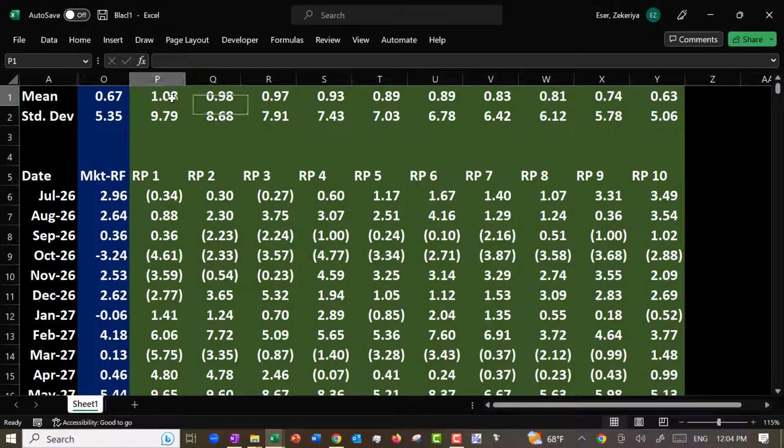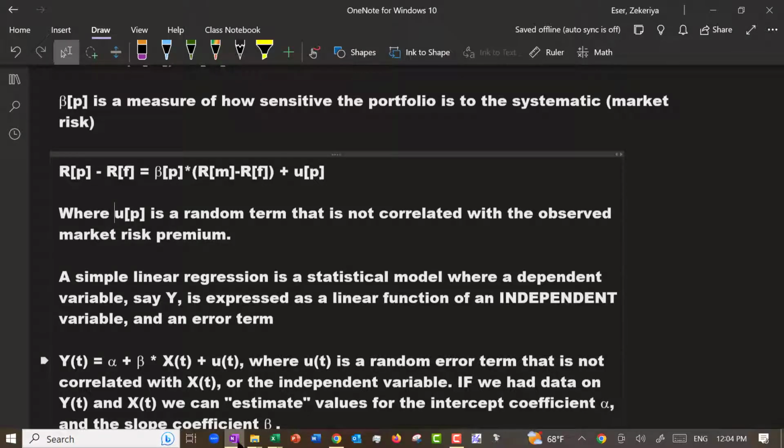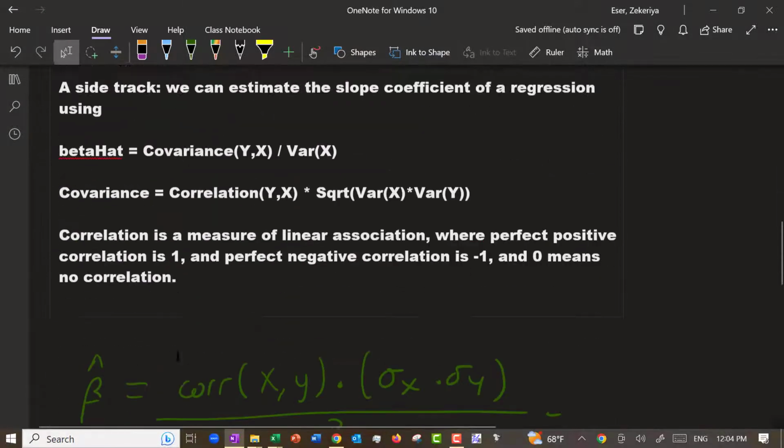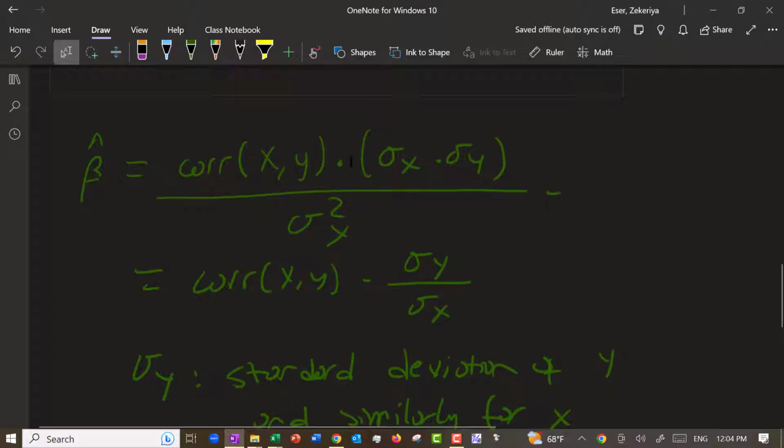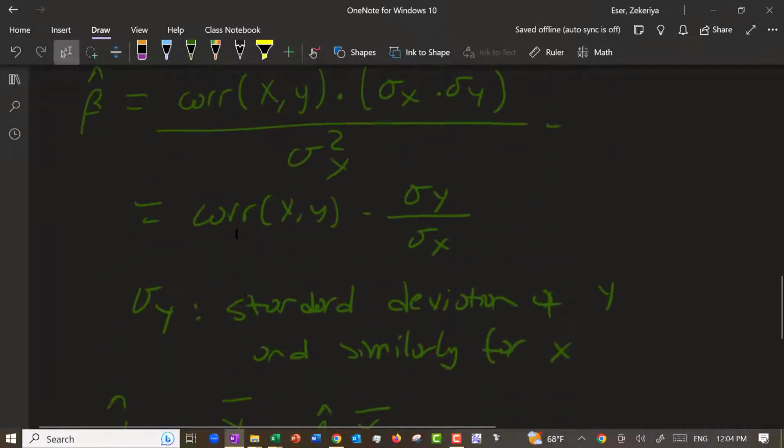Now we can calculate the beta of each of those portfolios. And let's remember what beta was in terms of Excel function. Correlation of X and Y multiplied by standard deviation of the left-hand side variable divided by the right-hand side variable.